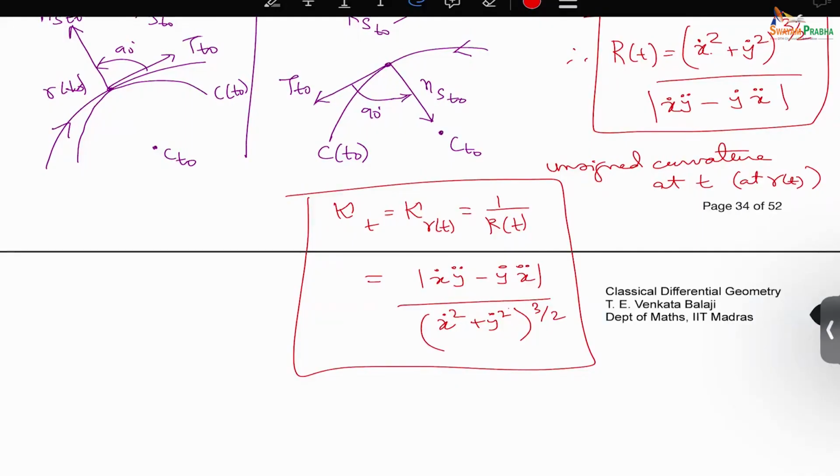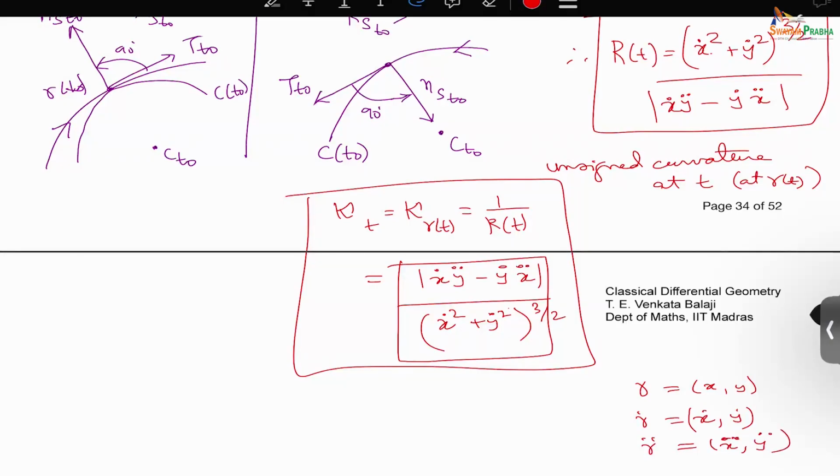So we are going towards that. The way to do it is to look more carefully into a few things, but I can tell you what's coming. This whole thing can be rewritten in terms of gamma. If you write gamma as (x, y), suppressing the t, which is the variable, then gamma dot is (x dot, y dot), and gamma double dot is (x double dot, y double dot).